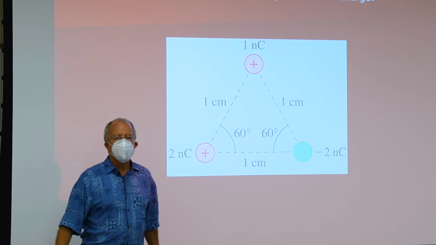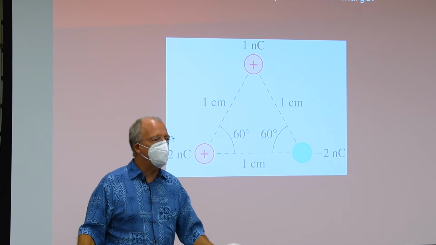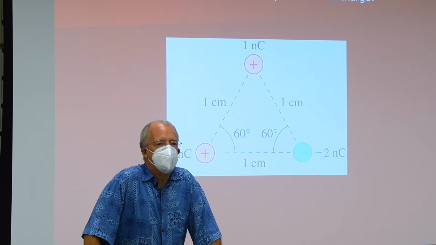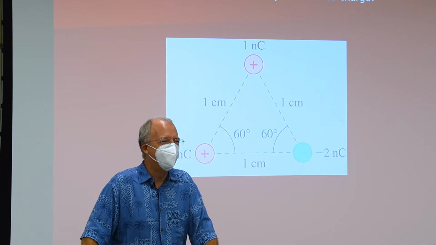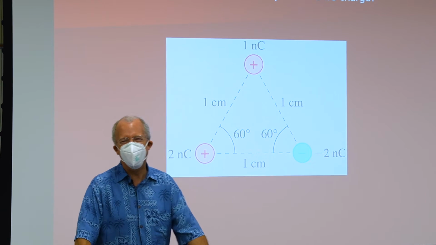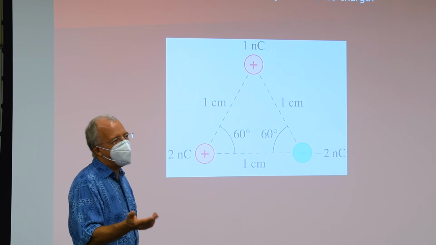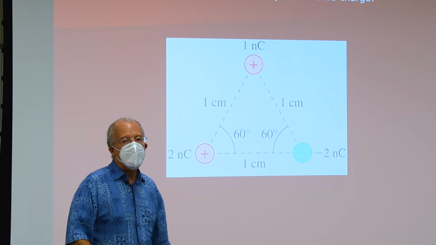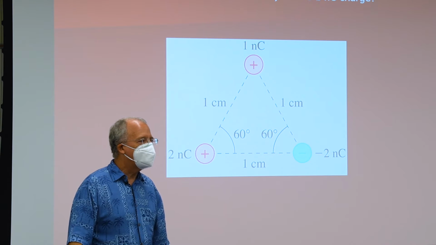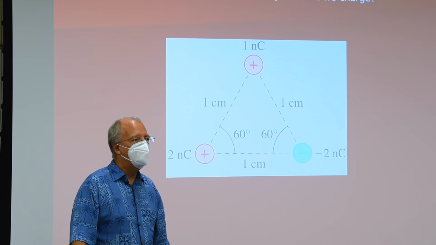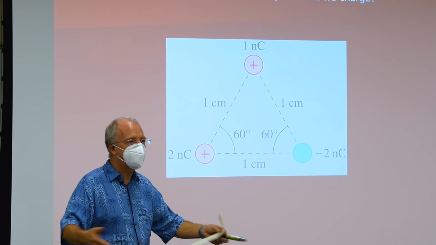Okay, now, are we going to include gravity? No. What do you mean we're not? How come? Well, first of all, it doesn't even give us the masses. But remember, how much stronger is electricity than gravity? A lot. It's not even worth considering, right?